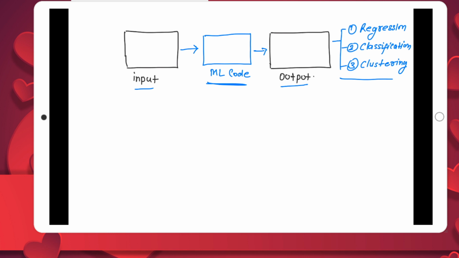All right. So what is the relation between this input and output in the case of regression, which we will be discussing in this lesson?